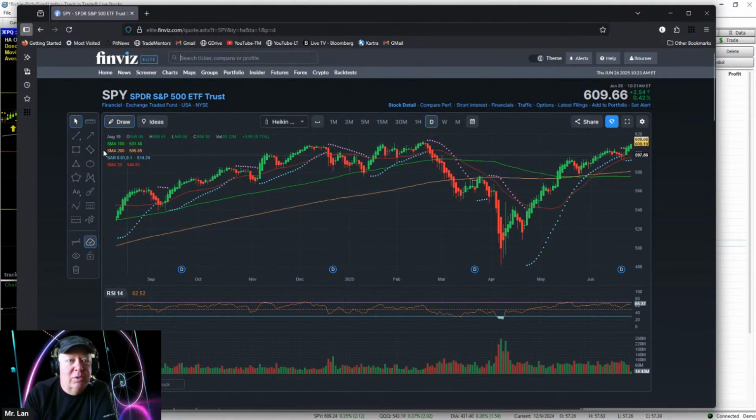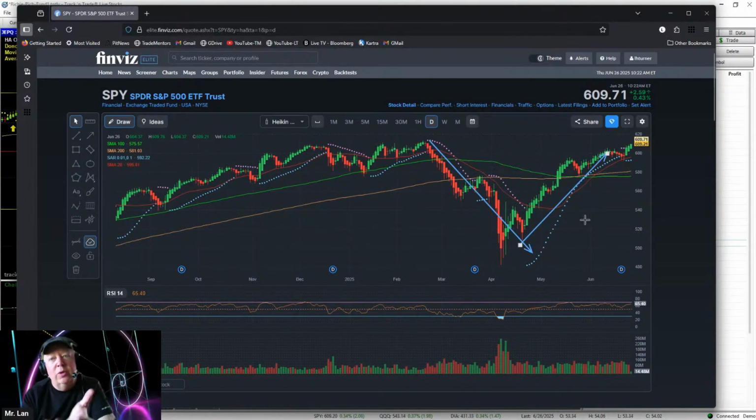Now, yes, sometimes the stock market goes down, and that's the way the stock market works. Sometimes it goes down, and then sometimes it turns and goes back up. If you sit through that, it's painful, yes, but over that 3-4 month period you lost a whole bunch of money, and then your money came back.